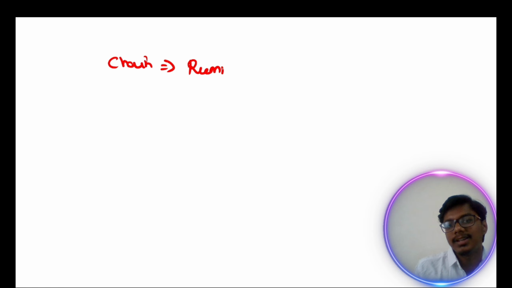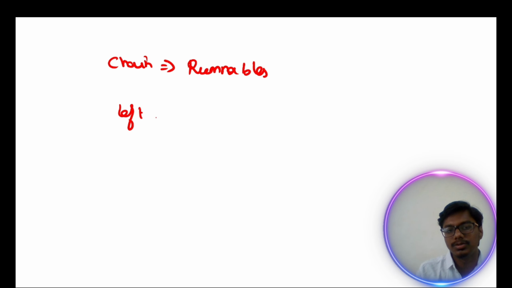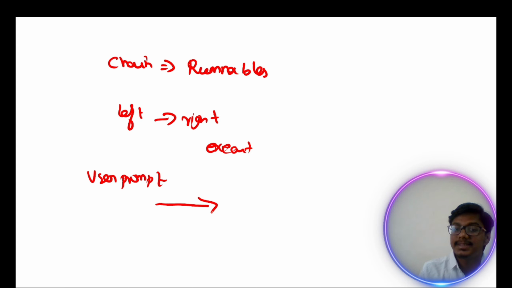So chains are equal to runnables. Chains are also called runnables, right? It acts from left to right. Keep it in mind. So it goes left to right, and it is used as executables. Like the user gives a prompt, and it is sent to the LLMs.